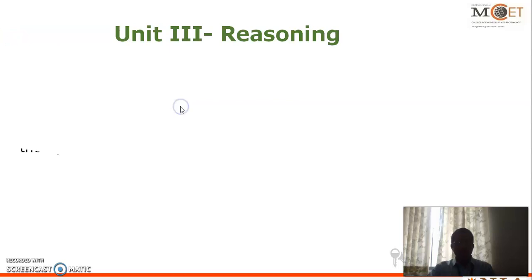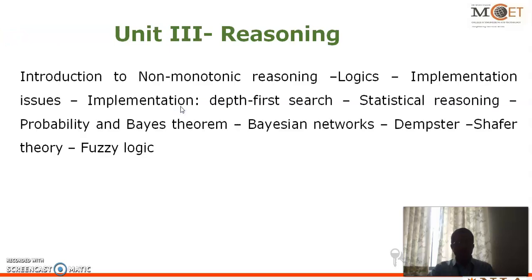In unit 3, we are going to discuss reasoning. We are going to have a certain problem and certain strategies we are going to follow, and based on that we are able to find out the reasoning. The reasoning deals with non-monotonic and monotonic reasoning methodologies, various logics and implementation issues.